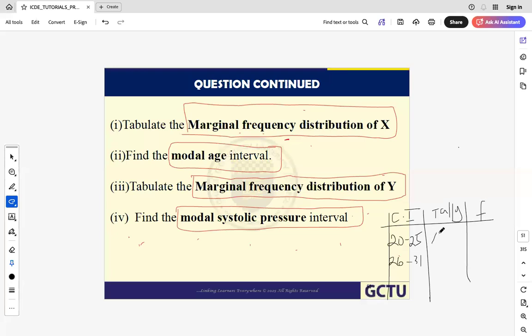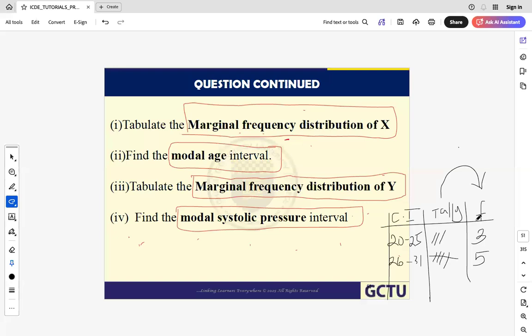If your tally here was 1, 2, 3, and your tally here was 1, 2, 3, 4, 5, it is the tallies you change into frequency. So from here, you record 3 as your frequency because of the tally you had. And then same thing for this, you record 5 here because of the tally you had. In other words, it is the tallies that are converted into the frequencies.